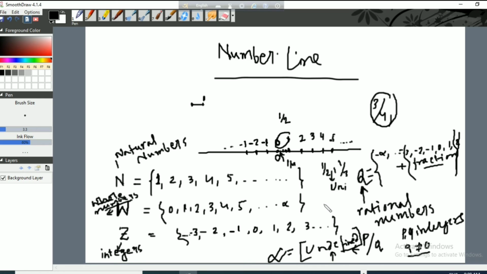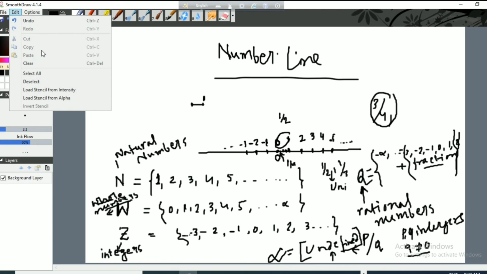So all rational numbers can be represented as, let us clean it because it is too cluttered now.